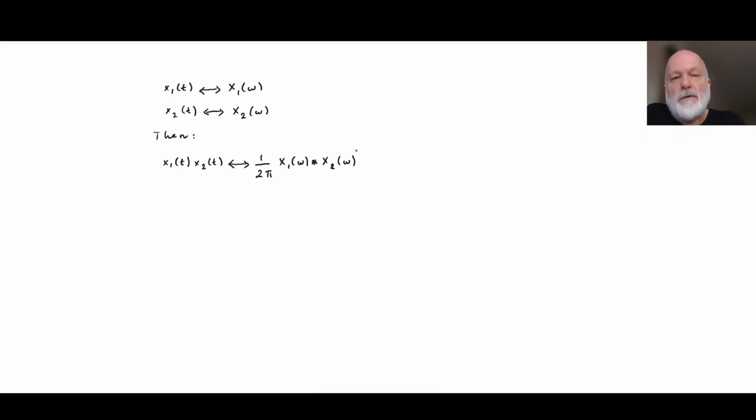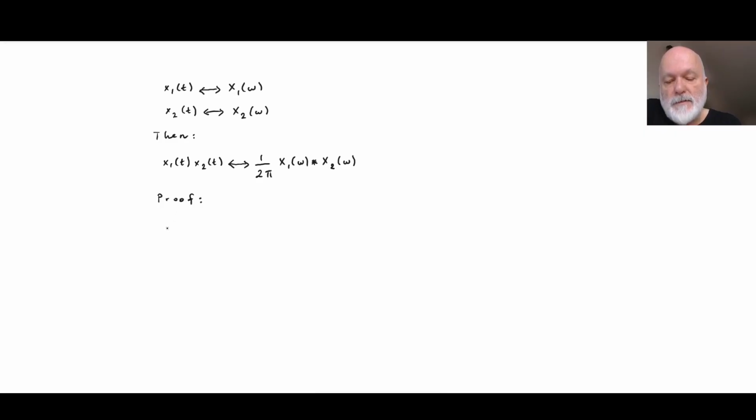So convolution property and multiplication property are dual properties of the Fourier transform. Convolution in time domain corresponds to multiplication in frequency domain, and multiplication in time domain corresponds to convolution in frequency domain. Now let us see the proof of this fact.